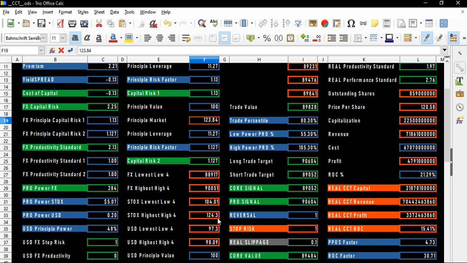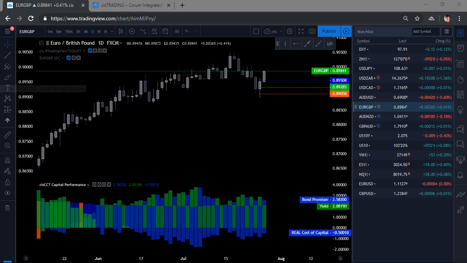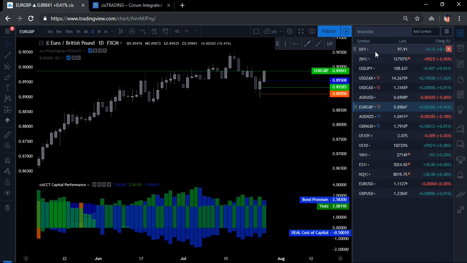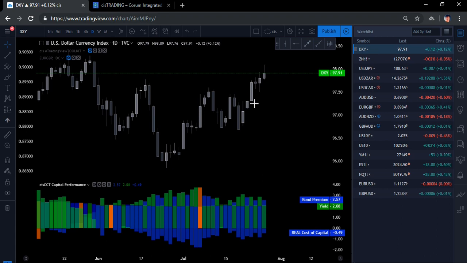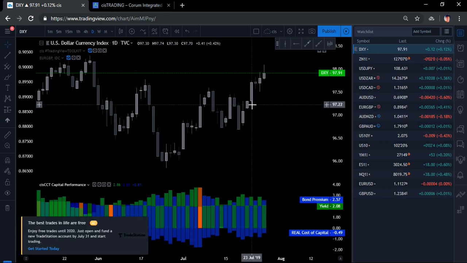All right. Then I'm going to look at the US dollar. The US dollar, lowest low and highest high for the last 4 days, just the last 4 days. So the lowest low, 97.30, and the highest high is 98.09.